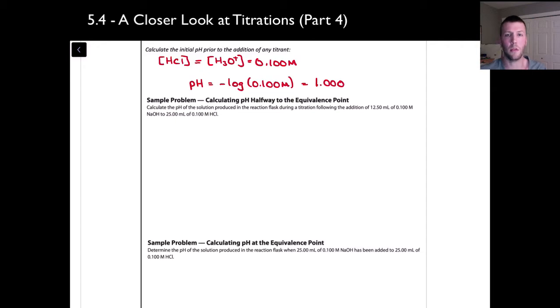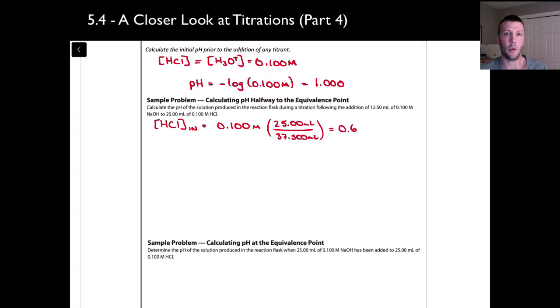In this problem, we're going to calculate the pH halfway to the equivalence point. So this is when 12.50 mL of sodium hydroxide has been added to the 25.00 mL of hydrochloric acid. So I'm going to first find out my initial concentration of hydrochloric acid, and I need to remember here that there's a dilution effect as I've now added sodium hydroxide to my analyte.